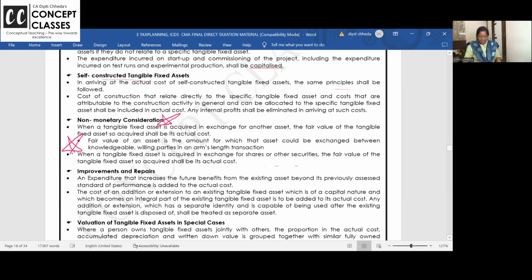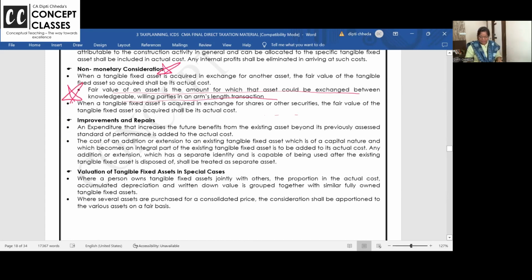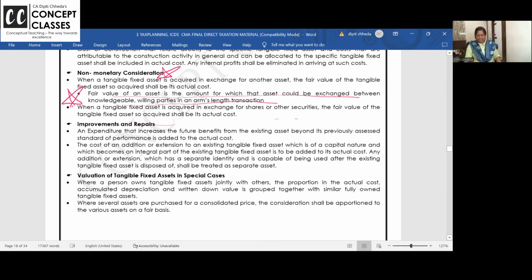Chalo. So what it says, fair value of the asset acquired between the willing parties at arm's length price, that should be taken as the actual cost, whatever you have purchased. Repairing, if there is a future economic benefit, then capitalize.